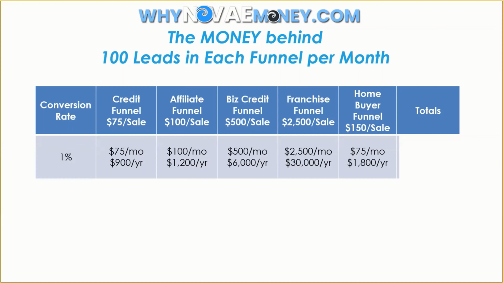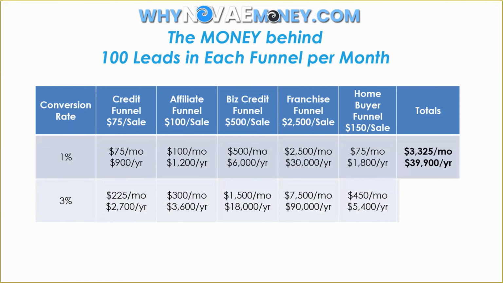Home buyer, $1,800 a year. For the whole year, you end up making $39,000 just by having 1 person buy something out of your funnels. That's $3,300 a month. You can actually just kind of take somebody off their job with that right there. That's full-time income.